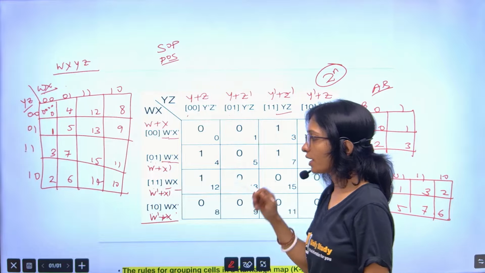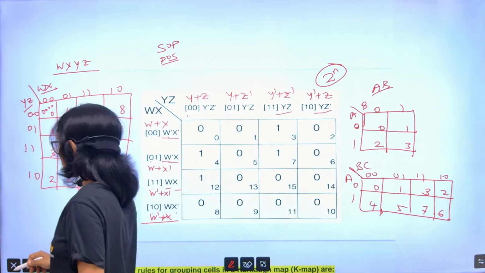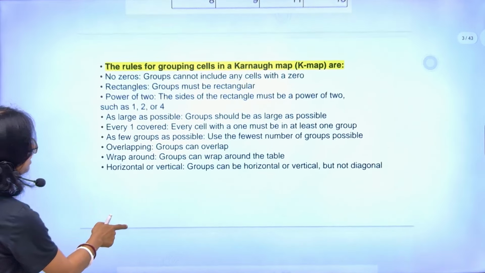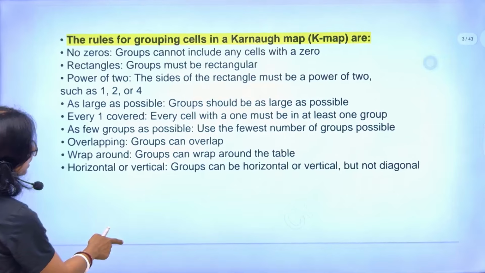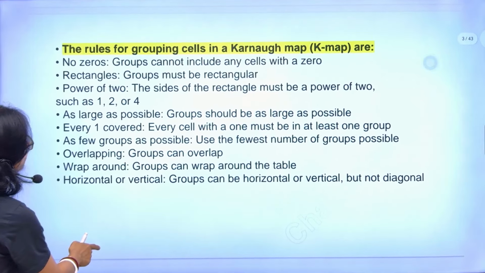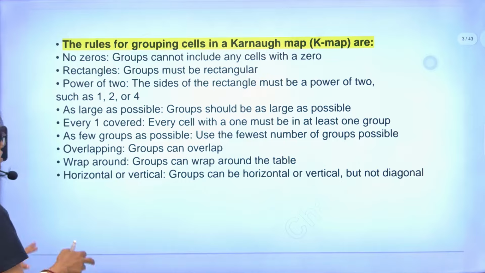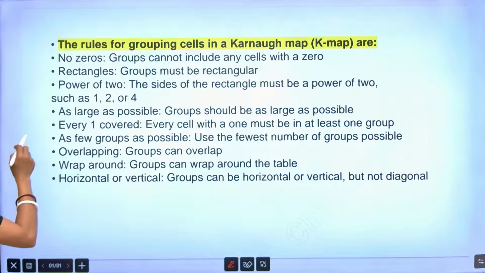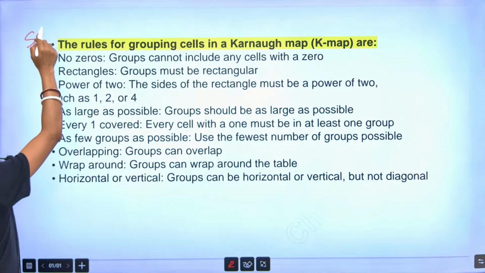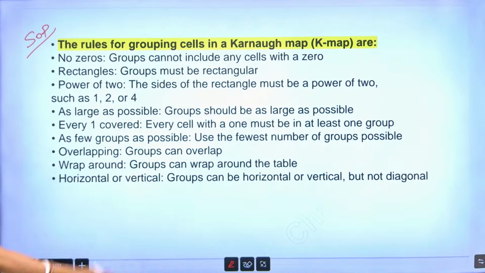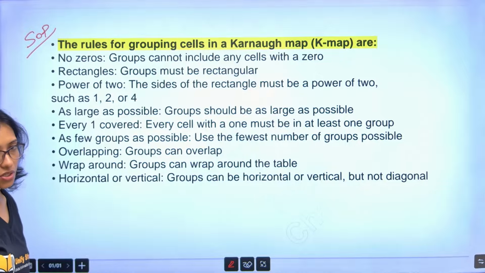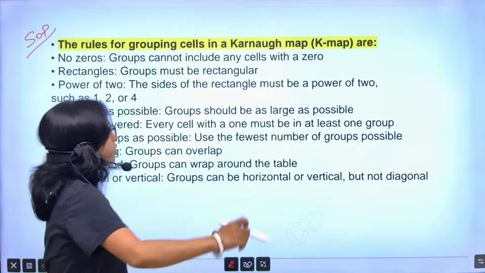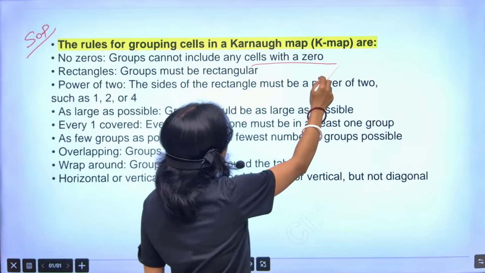Then I am going ahead to the rules of KMAP. Here you can see the rules of grouping in KMAP. Whenever you are doing grouping, what are the rules you have to follow? These rules I am writing as per the SOP, because most of the time they are asking that question. No 0 can be included in any group.